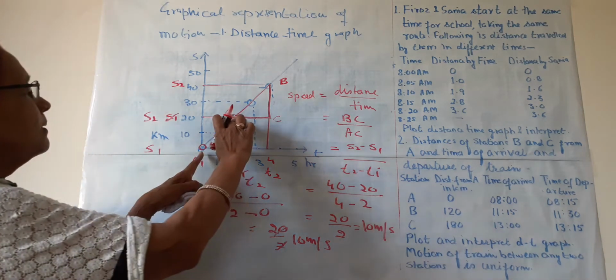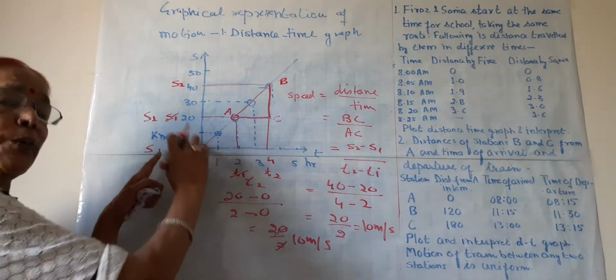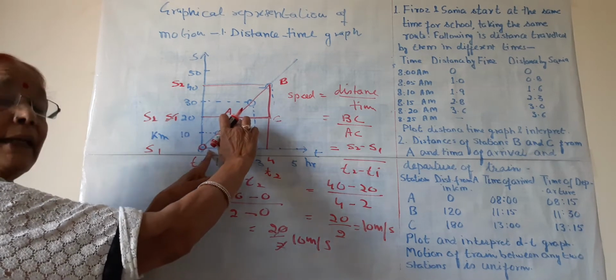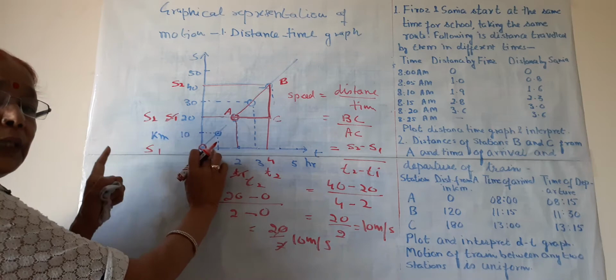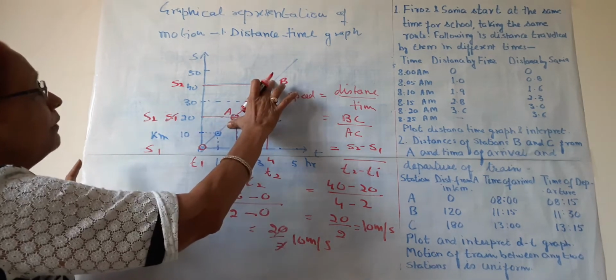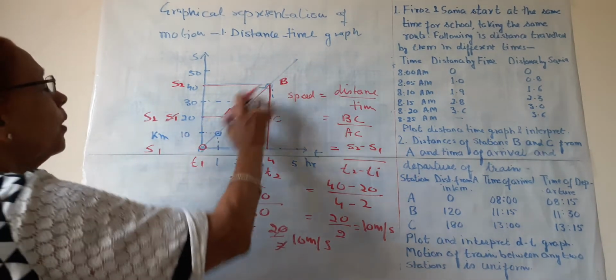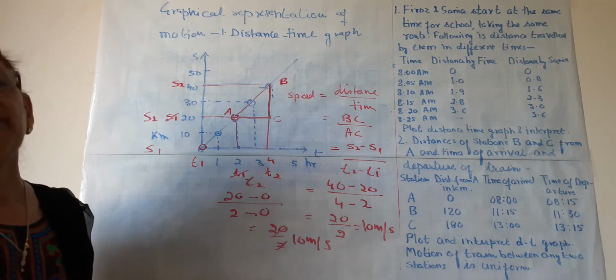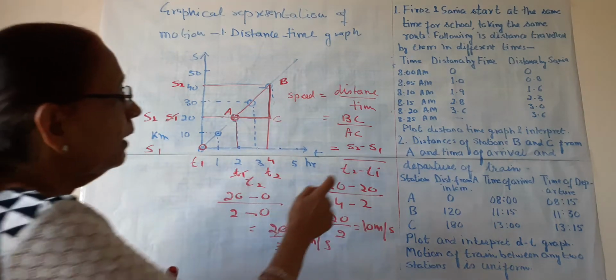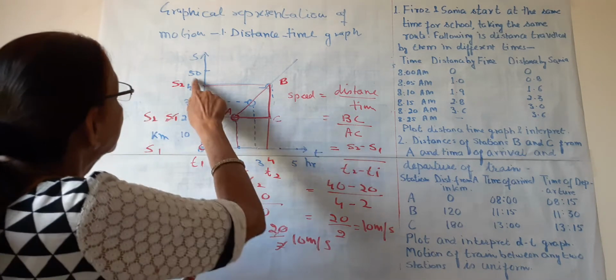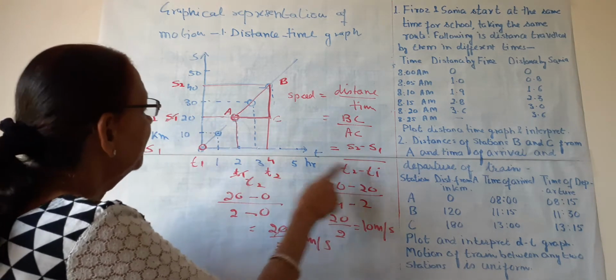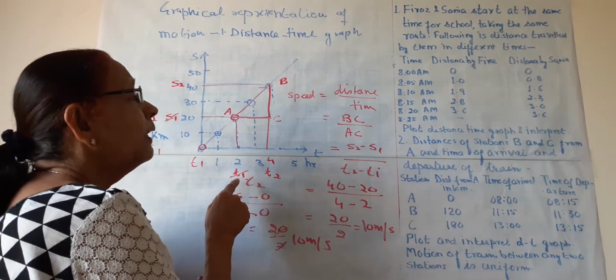So either it is easy, if this is 0 on both the sides, then we can take these 2 points. If it is not 0 on both the axes, then we can take 2 points on this graph line to calculate speed. The formula is S2 minus S1 divided by T2 minus T1.